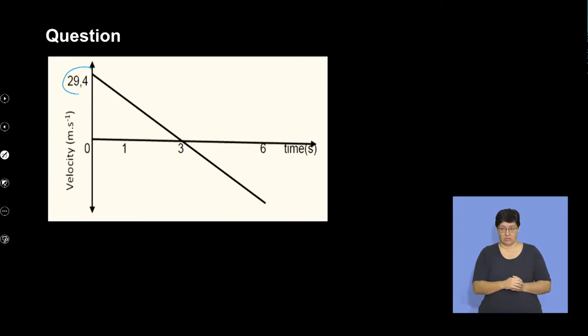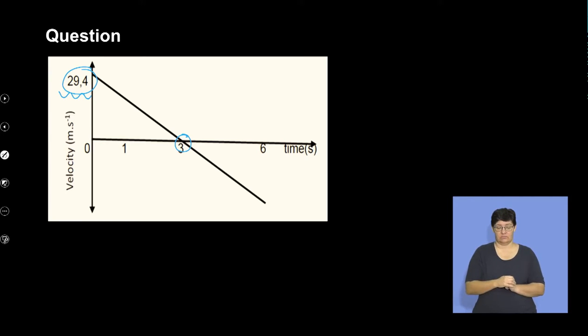This is what we know. Initial velocity, 29,4. They're saying over here that that's how long it takes to get to its highest point, and then it carries on down. What they're telling me in this graph without putting it in words is which direction is positive. Here, they tell me initial velocity is plus 29,4.